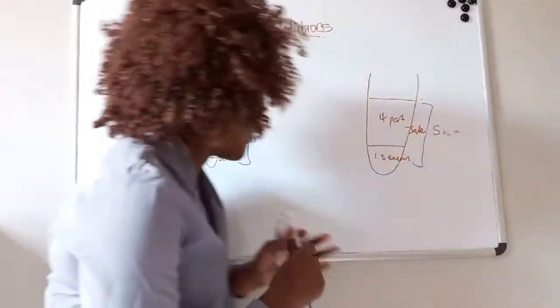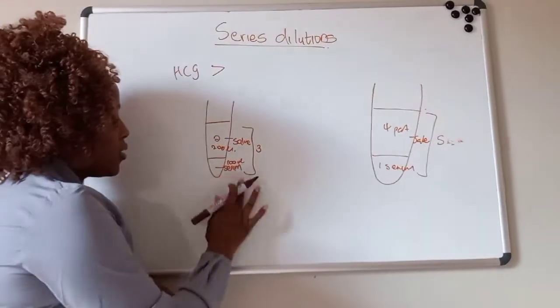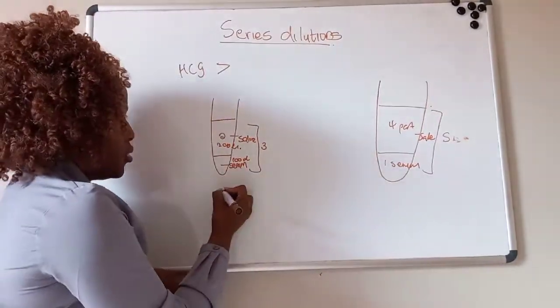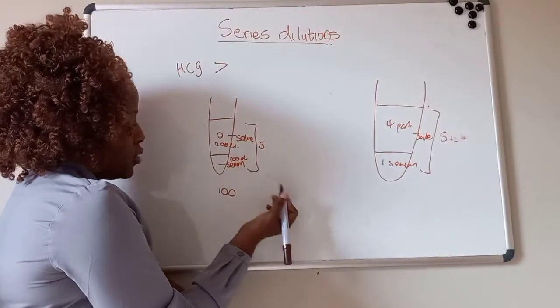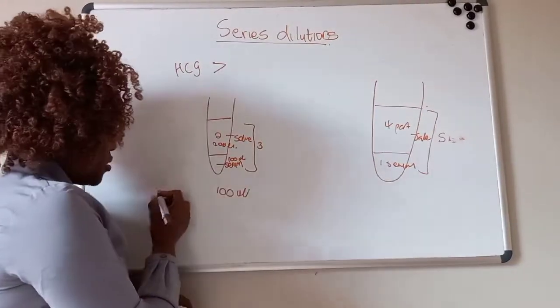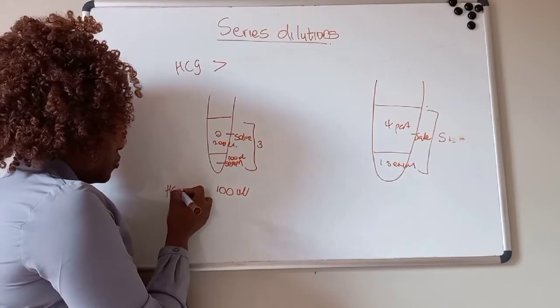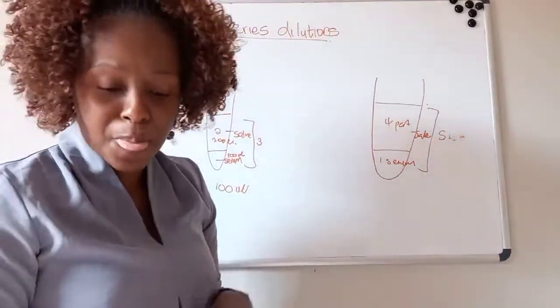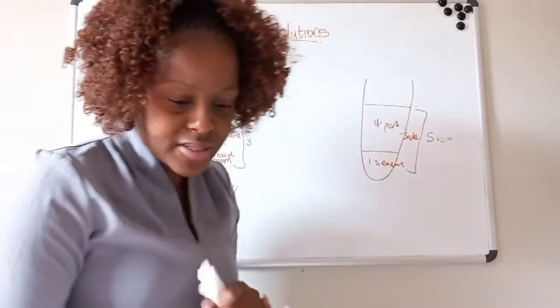Let's say from your 1 in 3, you get a result of, let's say, 100 microliters, for example.